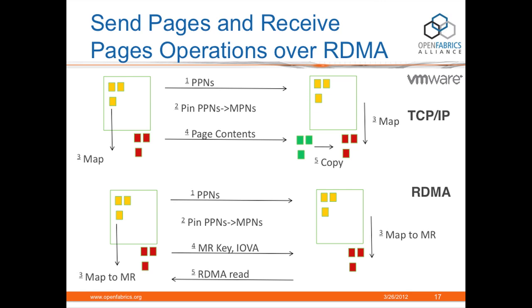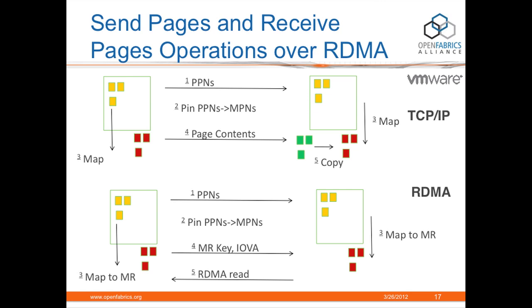The second step is pinning the physical pages that you're about to transfer to machine pages on both the source and destination hosts. The third step is you map these physical pages to the mbufs that we use in the TCP/IP stack. The fourth is actually doing the send over TCP/IP through a BSD-derived stack to the destination.